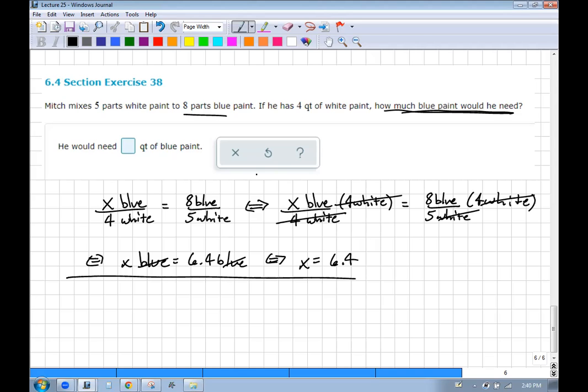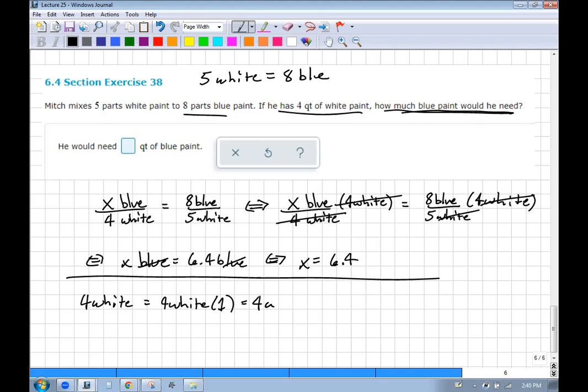Or I could do the unit conversion thing. I could say, okay, 5 white is equivalent to 8 blue. I want to take 4 white and convert it by multiplying it by a smart 1. I want to get rid of white, and I want blue. And I know that 5 white is the same as 8 blue.